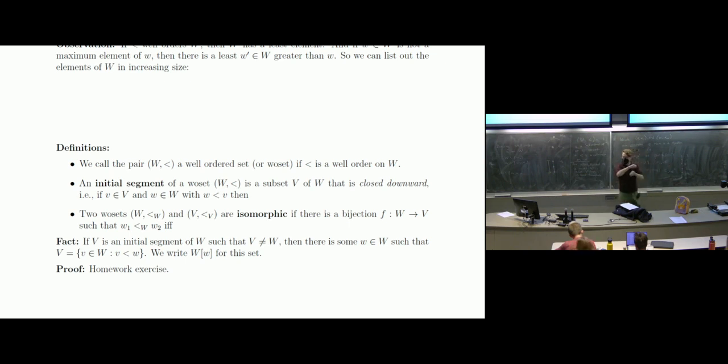I could rearrange the elements, but up to renaming, they all look like this. There's no other way to linearly order 3 objects. I could partially order them like this, a partial order there, not linear though, because these two aren't comparable. So finite linear orders, there's only one of each size.